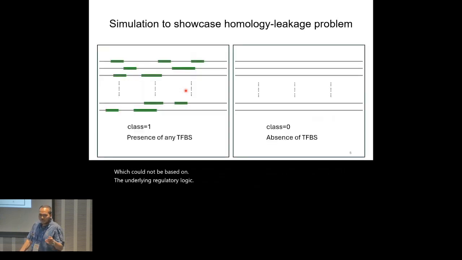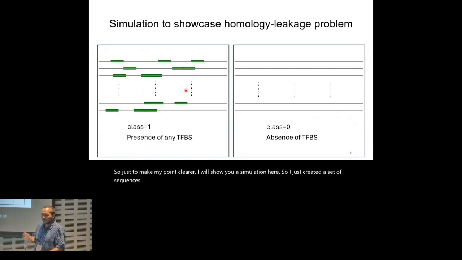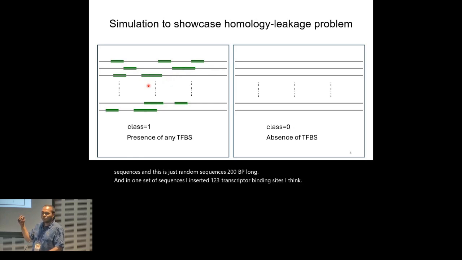Just to make my point clearer, I'll show you a simulation here. I created a set of random sequences, 200 base pairs long. In one set of sequences, I inserted 1 to 3 transcription factor binding sites, 10 to 20 base pairs long, randomly placed throughout the sequences.